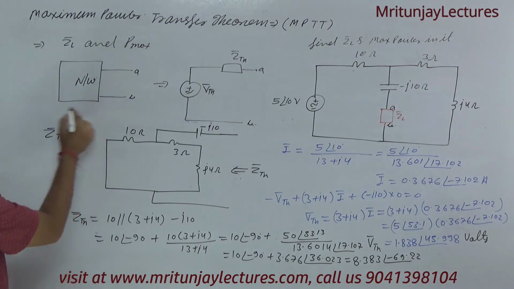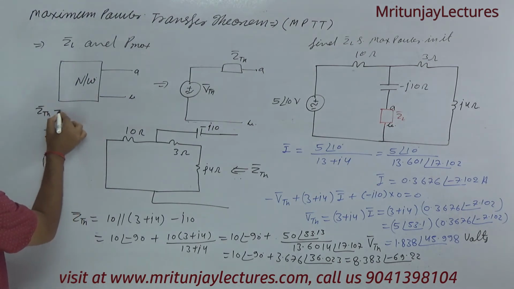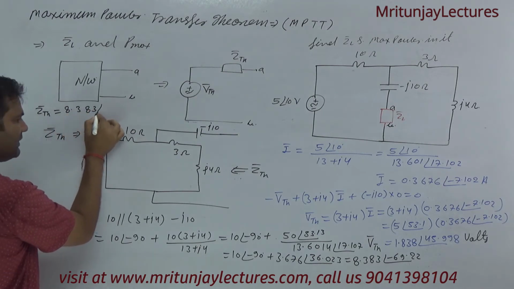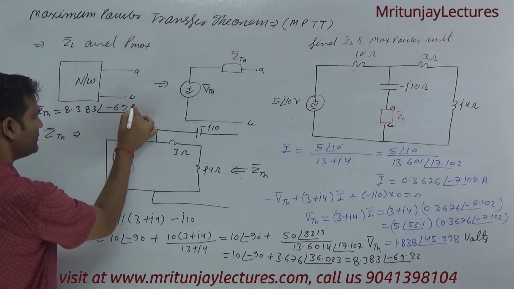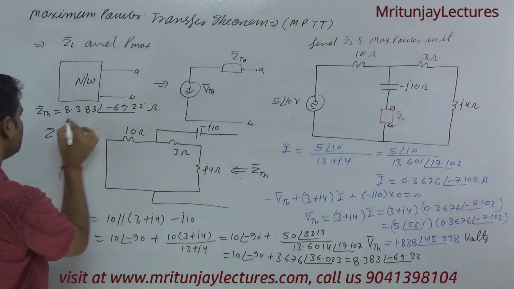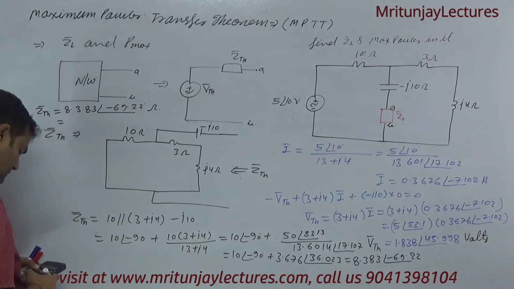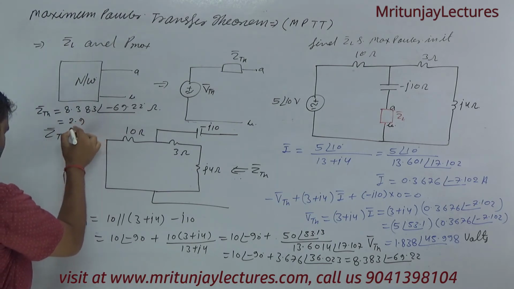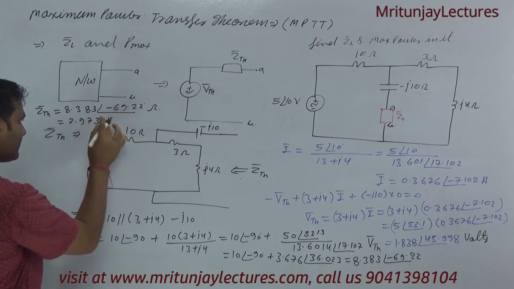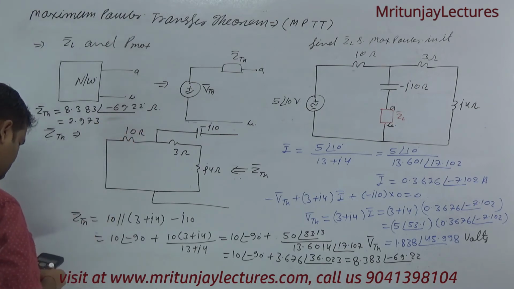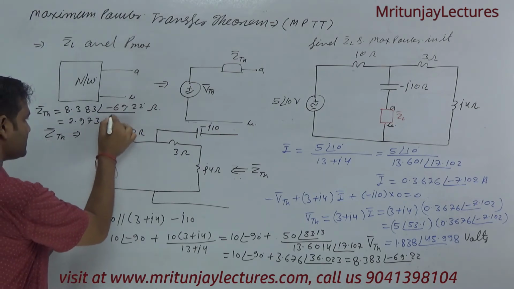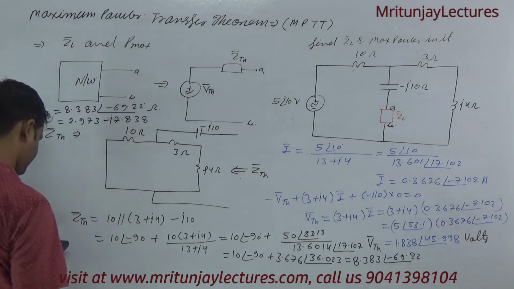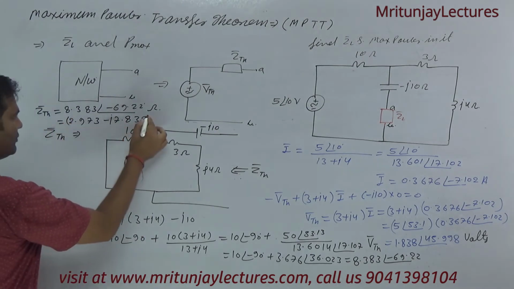So ZTH is 8.383 at the angle minus 69.22 ohm. Now written in rectangular form, it is 2.973 minus j7.838 ohm.